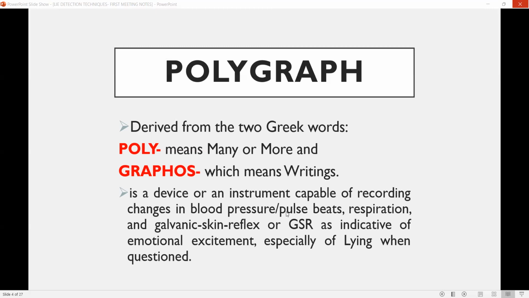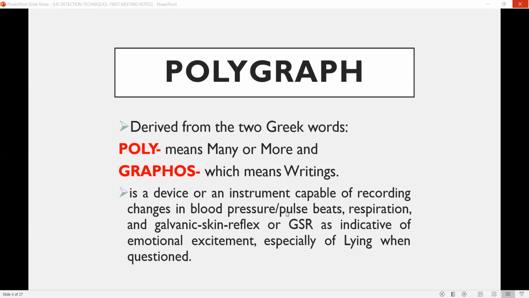And also, the galvanograph. It records the galvanic skin reflex of the subject. So that's why finger electrodes are attached to the index and ring finger of the subject, because our hands sweat.